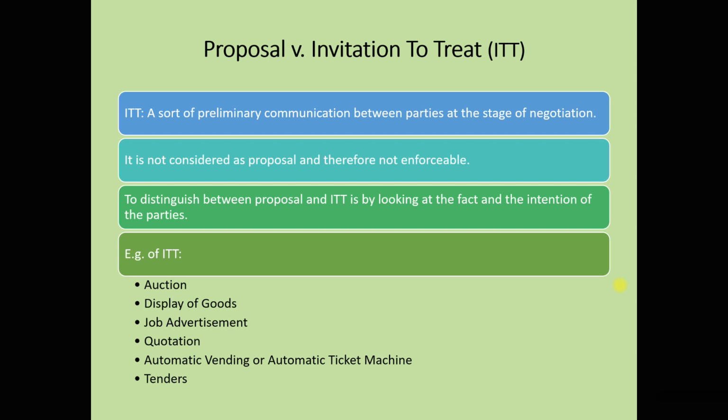So for example, in the advertisement of an auction. I think you have come across this in the newspaper. There are some companies, or even government bodies, that hold auctions and advertise them in the newspaper.